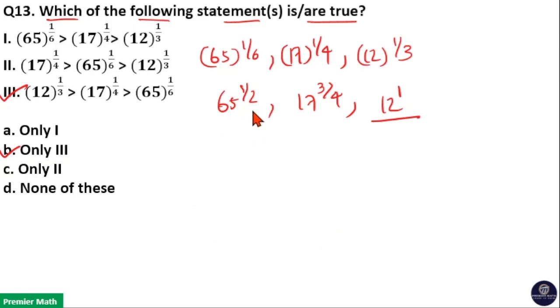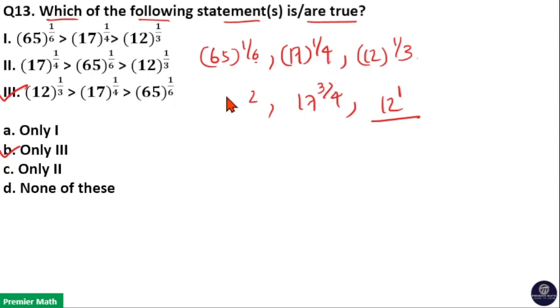But for a better understanding of these three, we need to remove the fraction from the power. Here, if I cube all these three, I can only remove one fraction from the power. So, to remove these two fractions from the power, we need to multiply the power with the LCM of 6, 4 and 3. That is, multiply all the powers with a common number which is divisible by 6, 4 and 3.